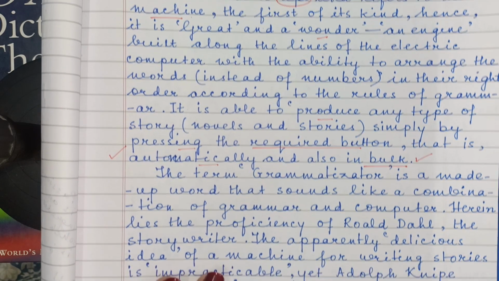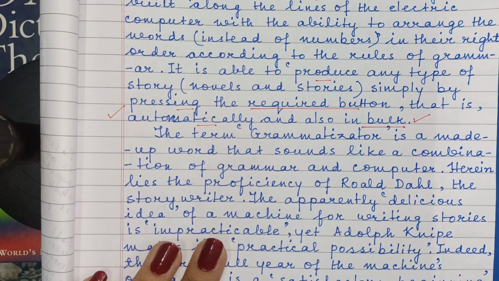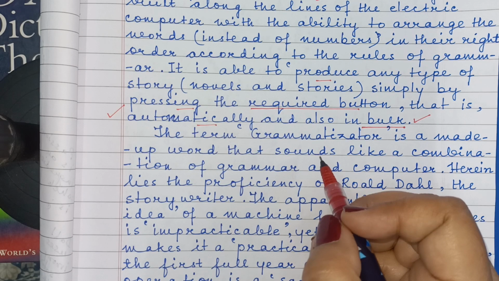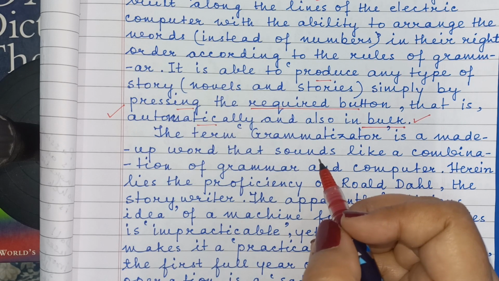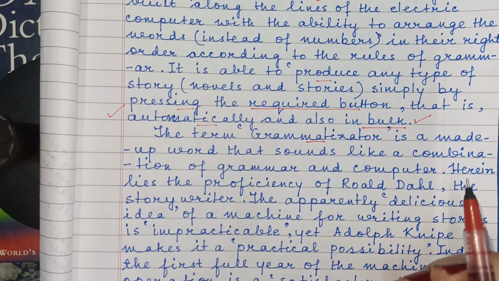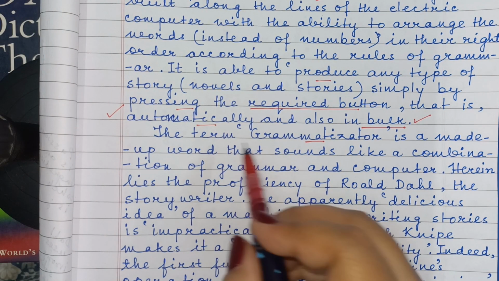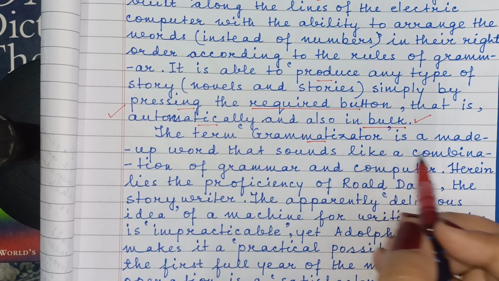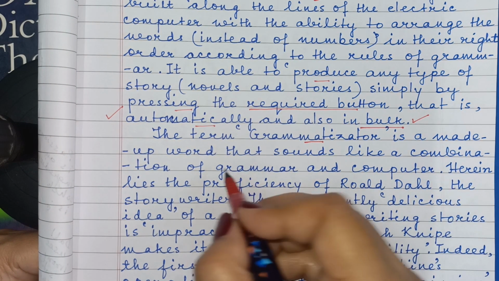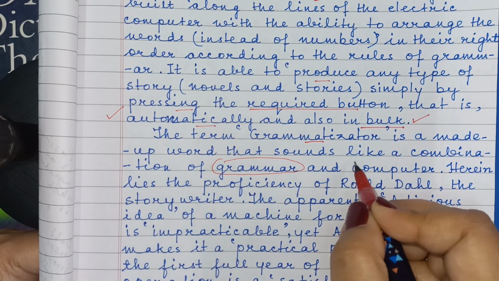Next paragraph. The term grammatizator, देखो मैंने कैसे फ्रेम किया है ये आंसर. पहले मैंने ग्रेट वर्ड को एक्सप्लेन किया, फिर मैं यहाँ पे grammatizator इस वर्ड को एक्सप्लेन कर रही हूँ. The term grammatizator is a made up word that sounds like a combination of grammar and computer.